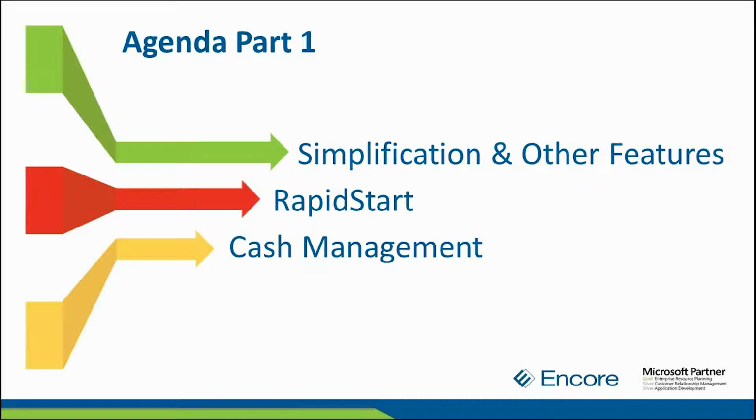So first we'll cover off simplifications and a number of other smaller features and functions that were added to the new version. Next, we're going to have a little discussion about RapidStart, which is effectively a partner tool that enables us to do upgrades and implementations faster and quicker than we ever have before.